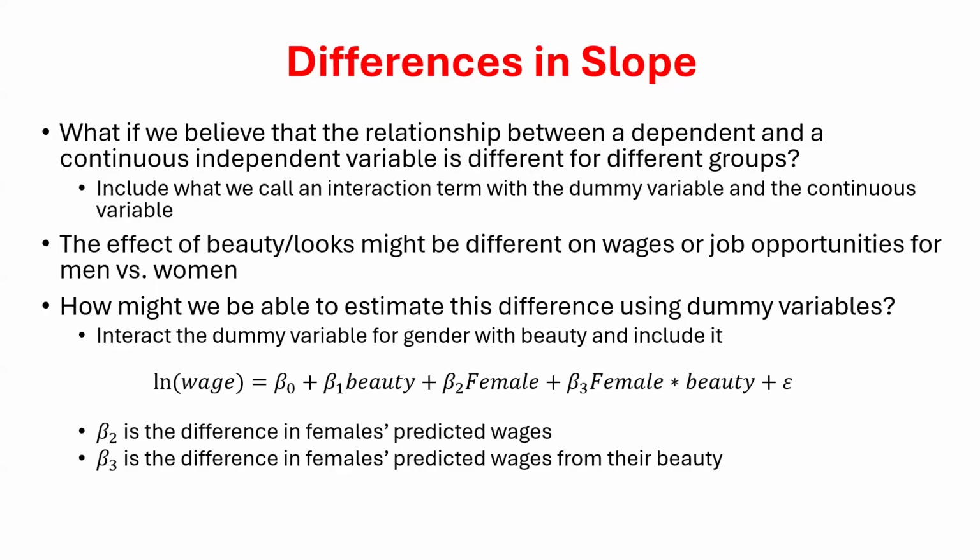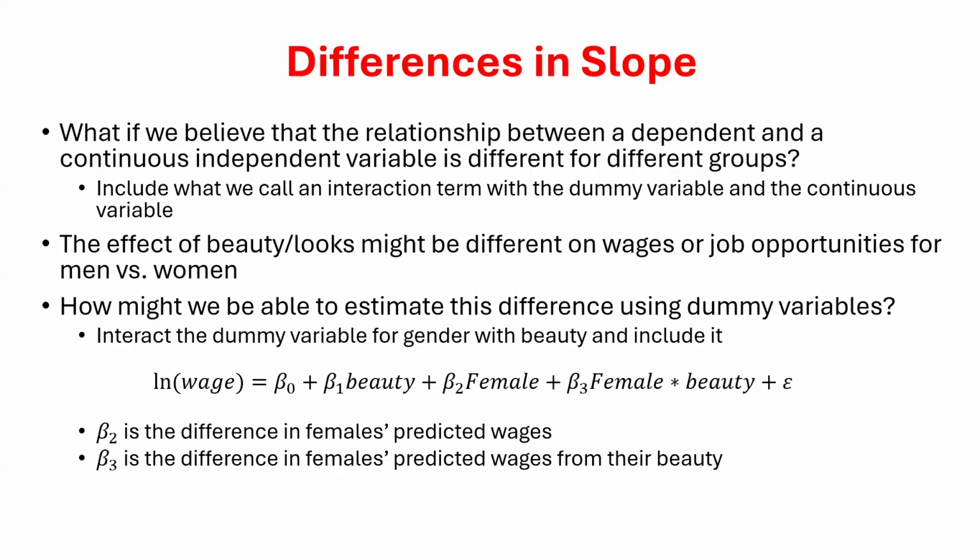So if I'm a female and I'm looking at a beauty ranking of 0, what's the only thing that would get added in? The constant plus that coefficient on the female variable. So here, I think this is negative. So we're thinking about something like this. That dummy variable still allows for a difference in the starting point between the 1 and 0 group. But it also says, okay, what is the effect of beauty?